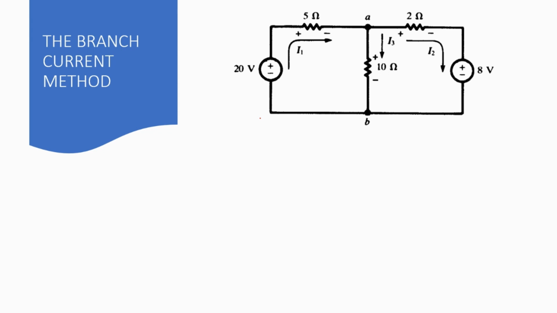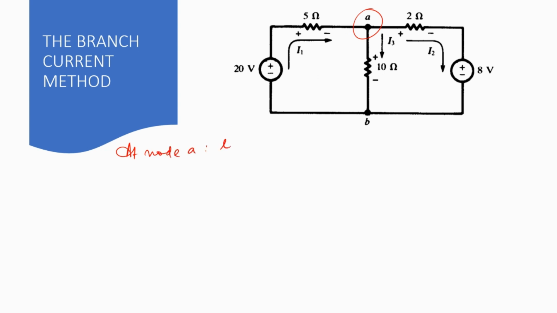So, we are going to consider the branch current I1 in the branch 5 ohms. We'll consider I2 to be in this direction in the branch 2 ohms and I3 in the 10 ohms branch. Now, when we apply KCL at node A, so at node A, what do we get?